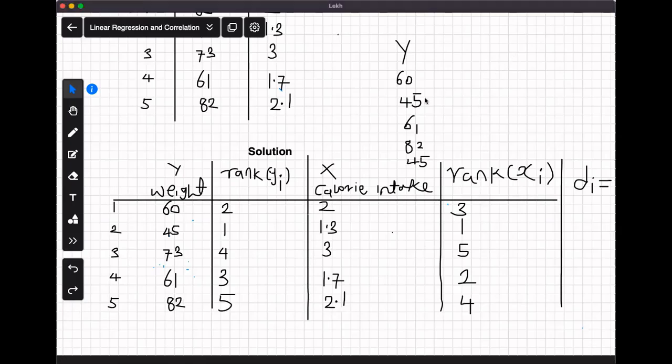The rank of this ordinarily should have been 1, and this should have been 2. But because they are the same numbers, since they appear twice, you take 1, and then you take 2, and then you divide by 2. Now, if 45 had appeared 3 times, you would have taken 1 plus 2 plus 3 and divided by 3. Do you understand that, please?